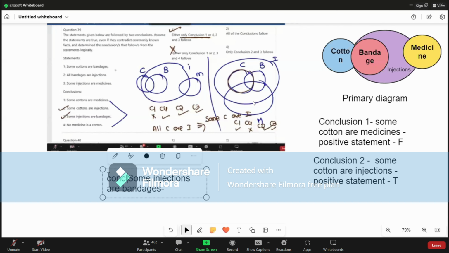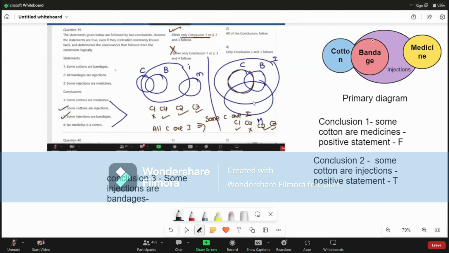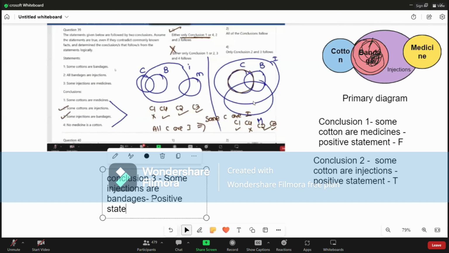This is injections and this is bandage. Some part of bandages, that is this complete part, is inside the injection. So this statement also becomes true. And as we know, this is a positive statement again, and this is true. We only discuss this based on the primary diagram.